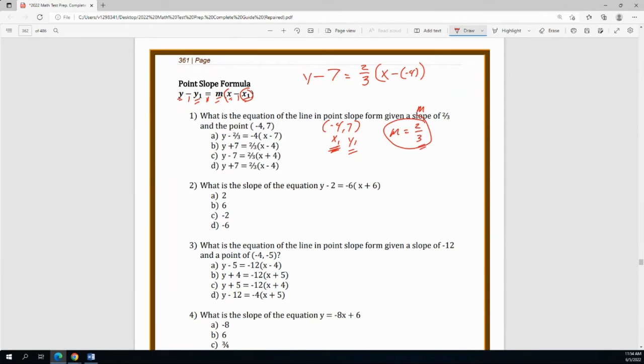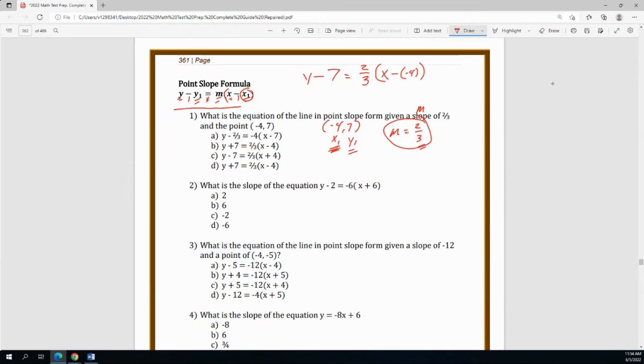You see that? Okay. This is called the equation of the line, and it's given in point slope form. Okay. This is point slope form.